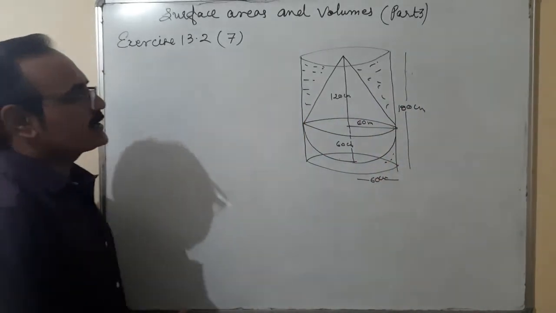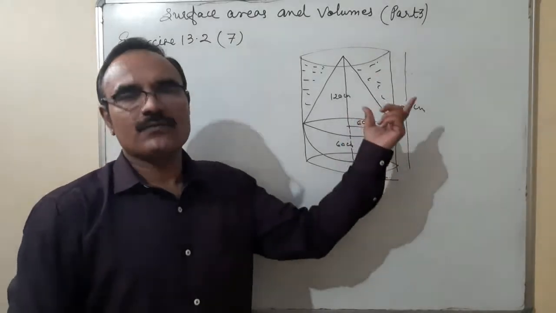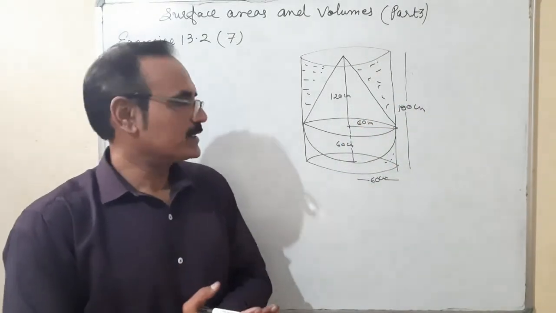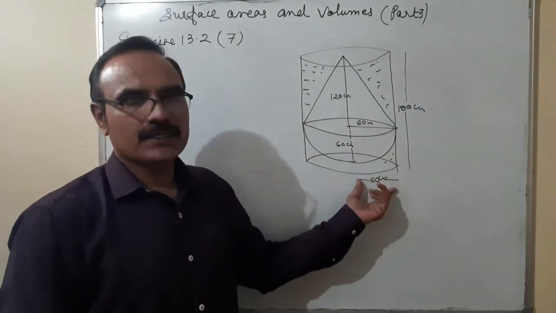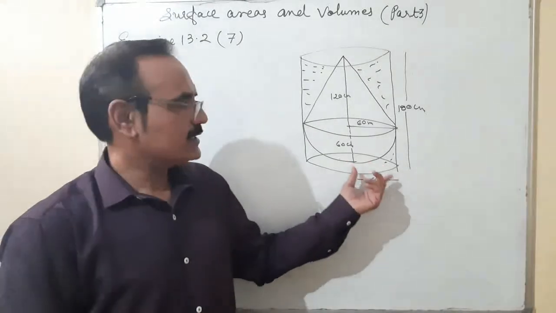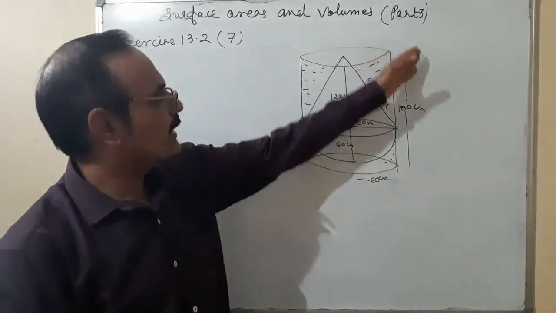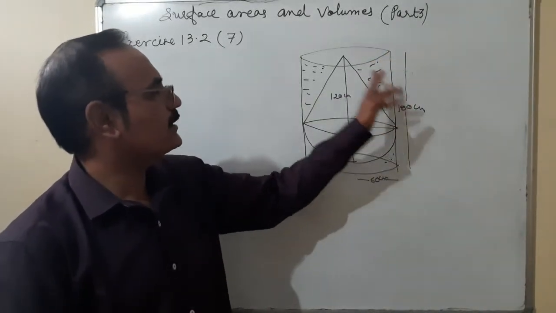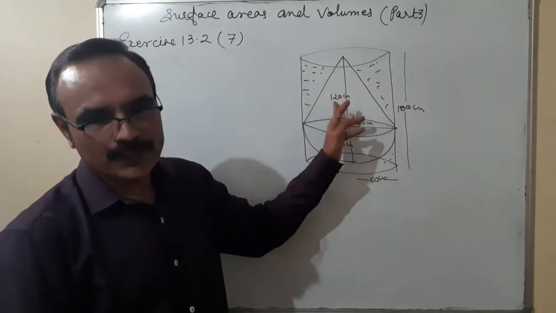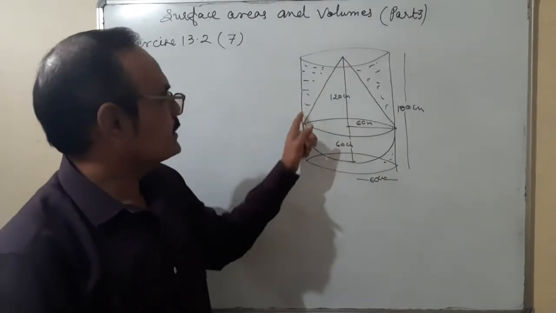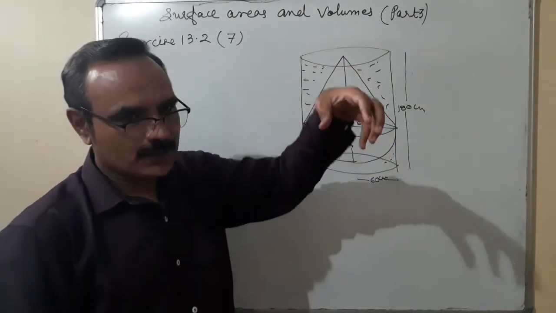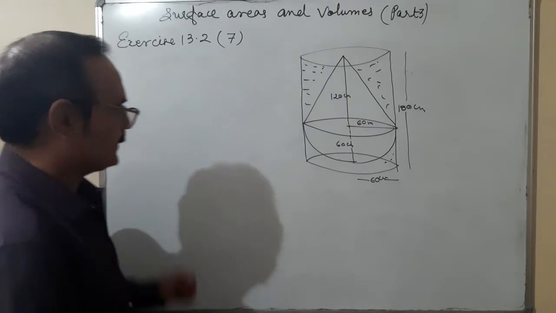Here one thing is that 60 centimeter is the radius of all. 60 centimeter is the radius of base of cone, same as 60 centimeter radius of base of cylinder, and 60 centimeter is the radius of hemisphere. Height of cylinder is equal to 180 centimeter. Height of cone is equal to 120 centimeter. And this is the solid which is placed upright in a cylinder.